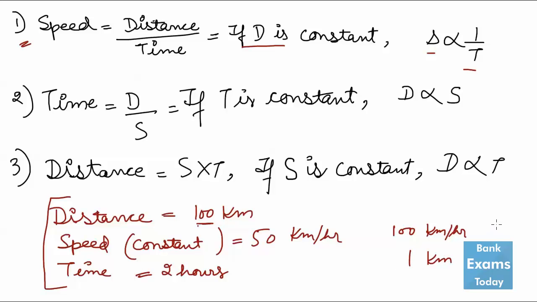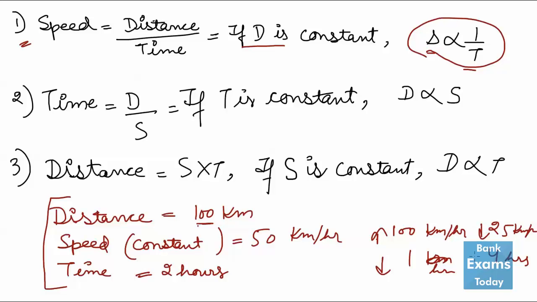If the speed decreases to 25 kilometers per hour, the person will cover the distance in 4 hours. So the speed is inversely proportionate to time. If the speed increases, the time taken decreases, and if the speed decreases, the time taken increases.